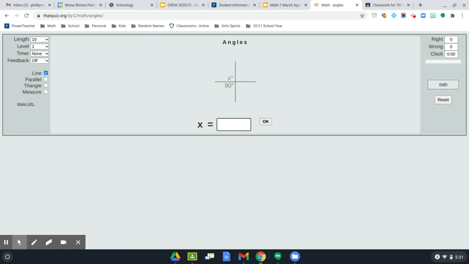What you're going to do is work your way through as many levels as you can, identifying a missing angle measure depending on what type of angle you are looking at. So for example, on your screen right now, this very first one, the first thing you do is classify it. Over the last day and a half or so, we talked about supplementary and complementary. That right there is a supplementary angle.